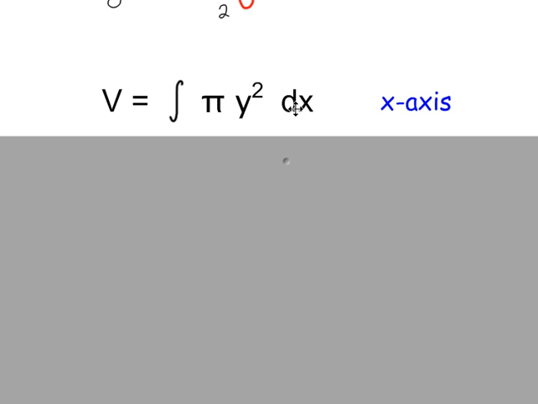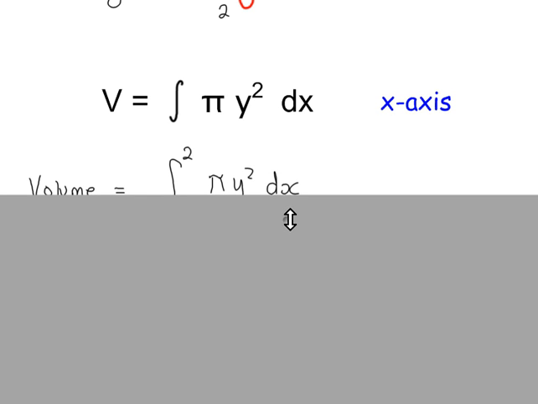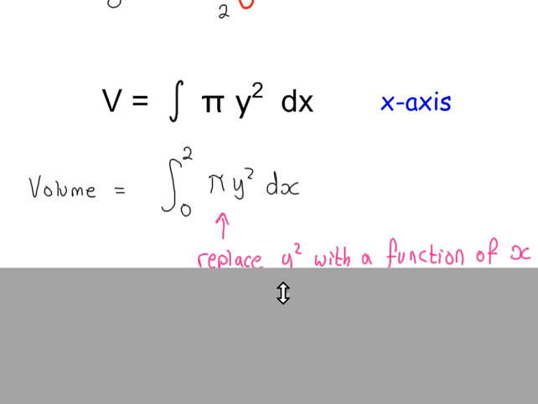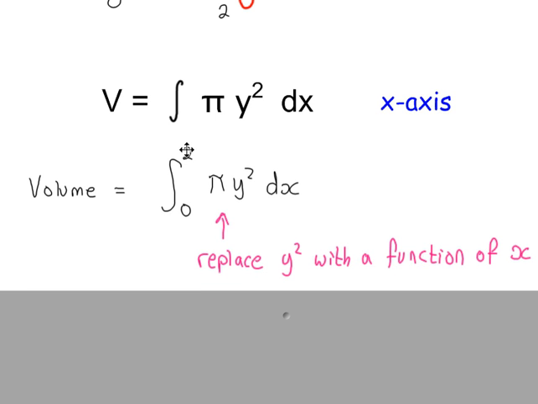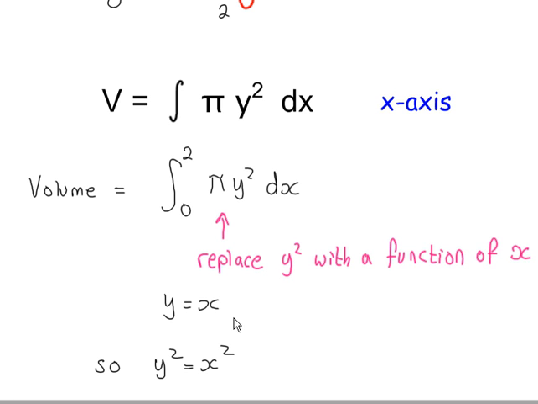That's for rotation around the x-axis. That says x, that says dx. That's a good way of remembering this. I've got the limits, 0 and 2, that's along the x-axis. There's the pi, and we need to replace the y squared with some function of x. We know that y equals x in this example, so y squared will be equal to x squared.